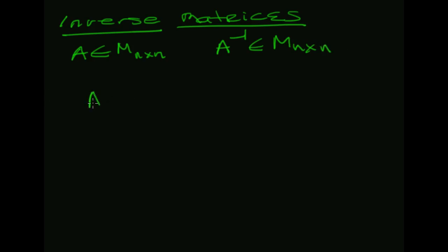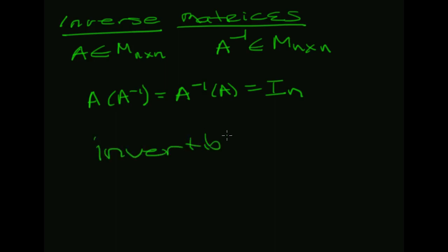And if I take A times A inverse, I get something that's equal to A inverse times A, and both of these is equal to the n by n identity. If that's the case, then we say A inverse is the inverse of A. So we'll call A invertible, and we will call it non-singular.